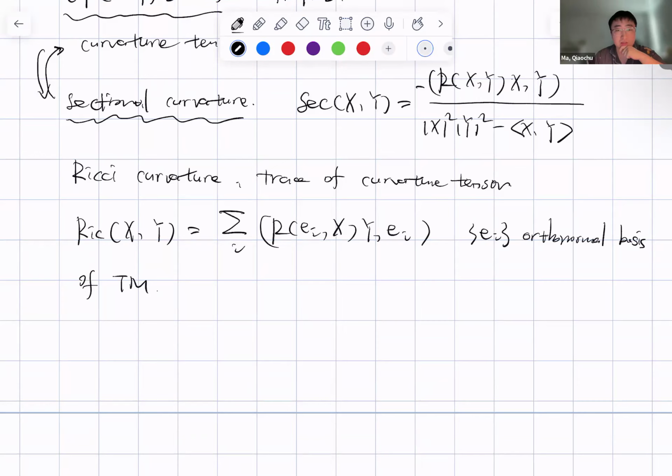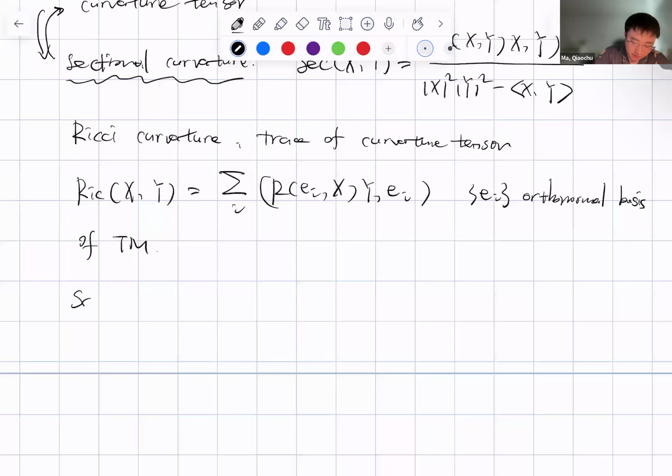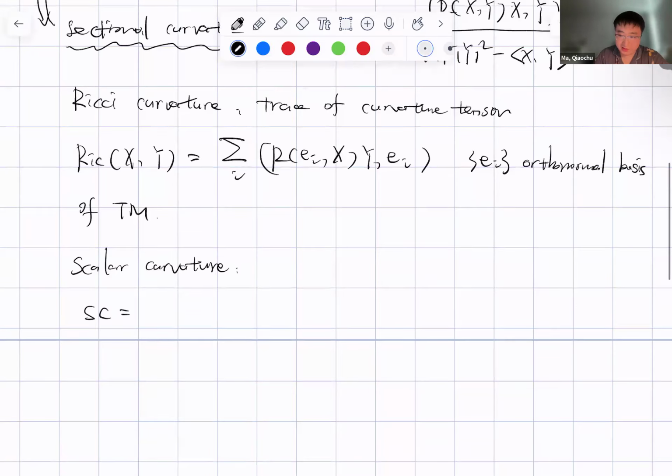The next step, we can take a trace again to get scalar curvature. As its name says, it's a scalar, not a tensor. It is the trace of Ricci curvature. The summation is also over an orthonormal basis, and we can expand it.